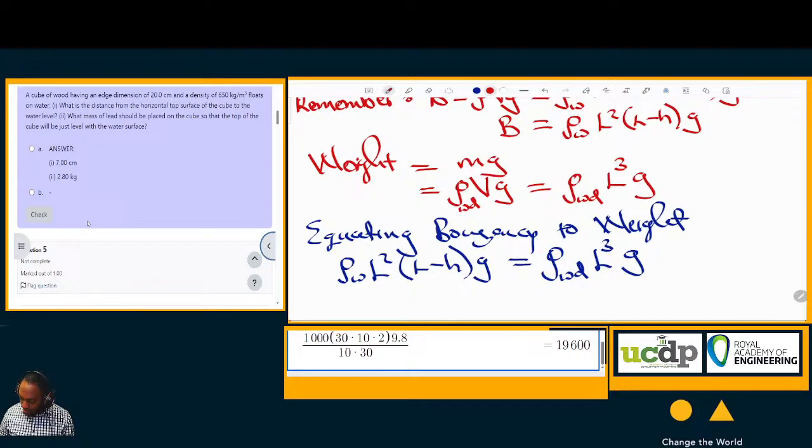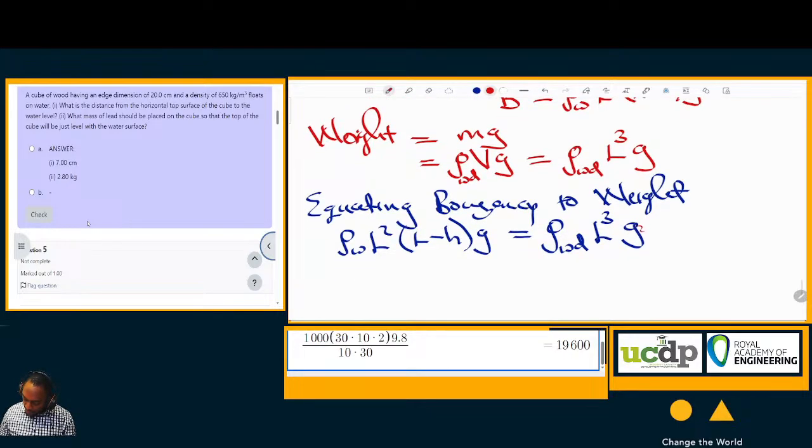Then you can cancel what is common. This goes, this goes, this goes, that goes.